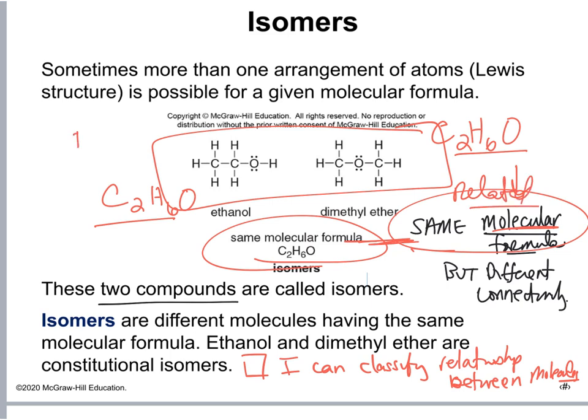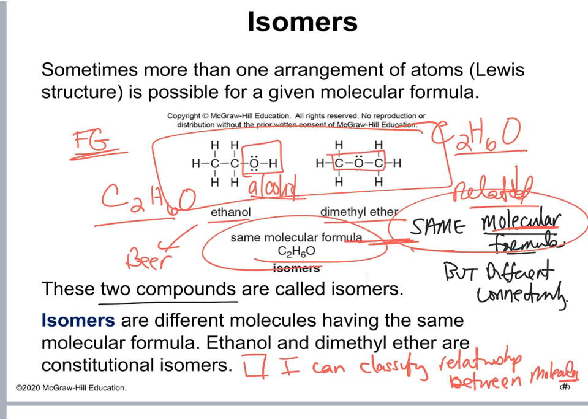This you're going to learn when you learn functional groups, and the sooner you learn functional groups, the easier this activity is going to be. You'll see that this is an alcohol, okay, because this OH makes it an alcohol. Ethanol is the active ingredient in beer. Okay, this is dimethyl ether. So this is a carbon, oxygen, carbon.